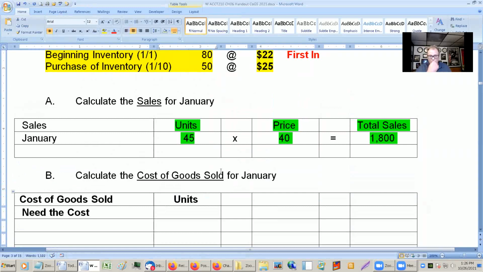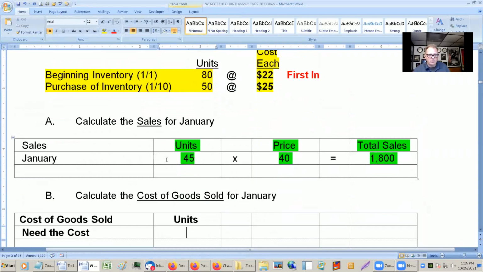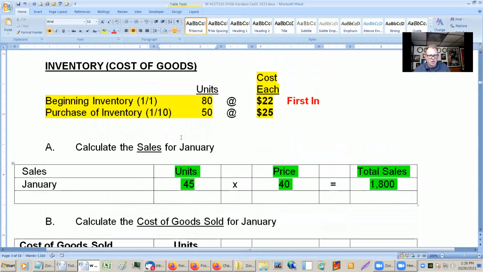We sold 45 units, so we're going to go to the first ones in.